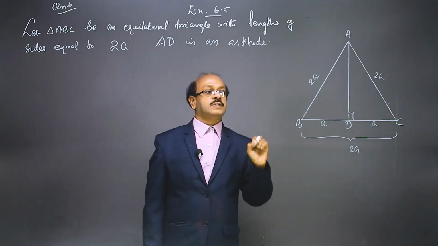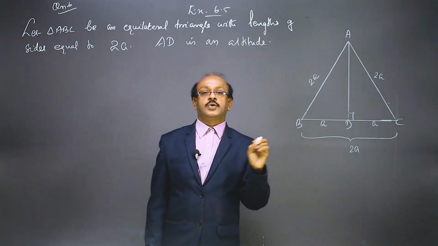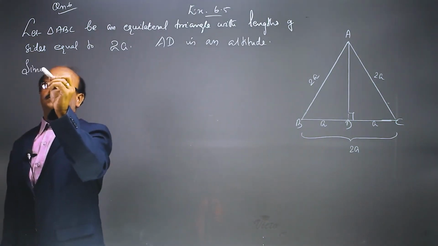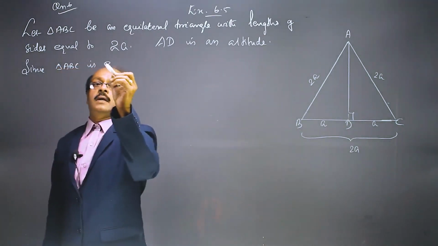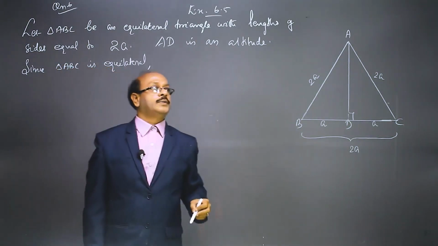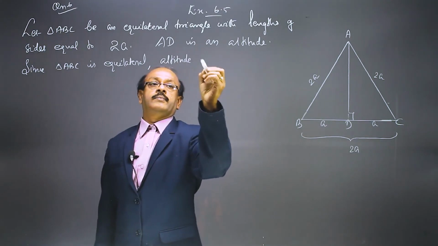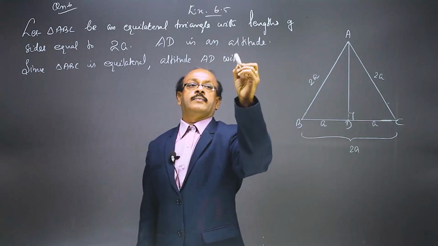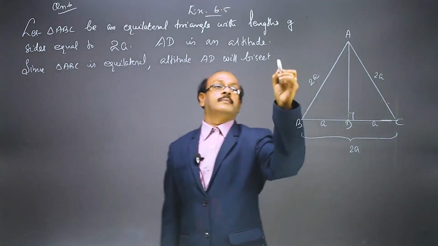Since triangle ABC is equilateral, altitude AD will divide the base BC into two equal parts. Altitude AD will bisect side BC.